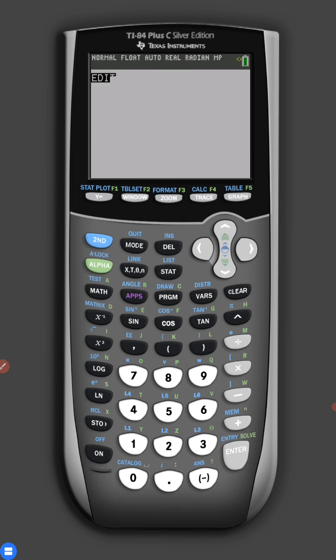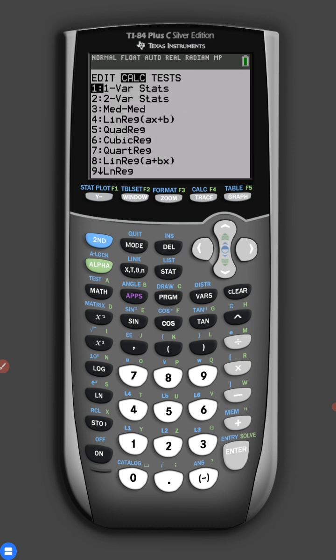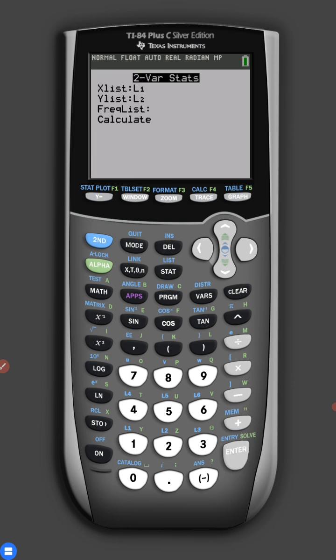So I'm going to go to stat, I'm going to go to calc, and this time I'm not going to go to linear regression. I'm not looking for a correlation. I'm looking for my standard deviations. So I'm going to go to 2 variable stats, and that's just because I have an X and a Y. I have 2 variables. I'm going to press enter, and again, the settings should already be correct.